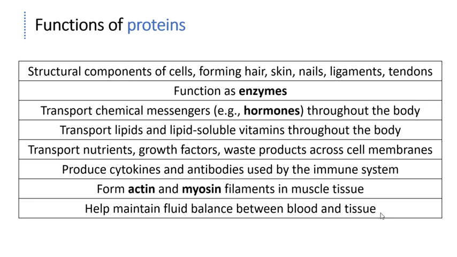So proteins are ubiquitous in the body, meaning they're everywhere, right? And they do all kinds of different functions. And most certainly, if you did not have proteins, you would not live, right? So whenever we talk about cellular respiration in a few lectures, we'll talk about different types of proteins and enzymes, and you absolutely have to have those in order to live, essentially, right?